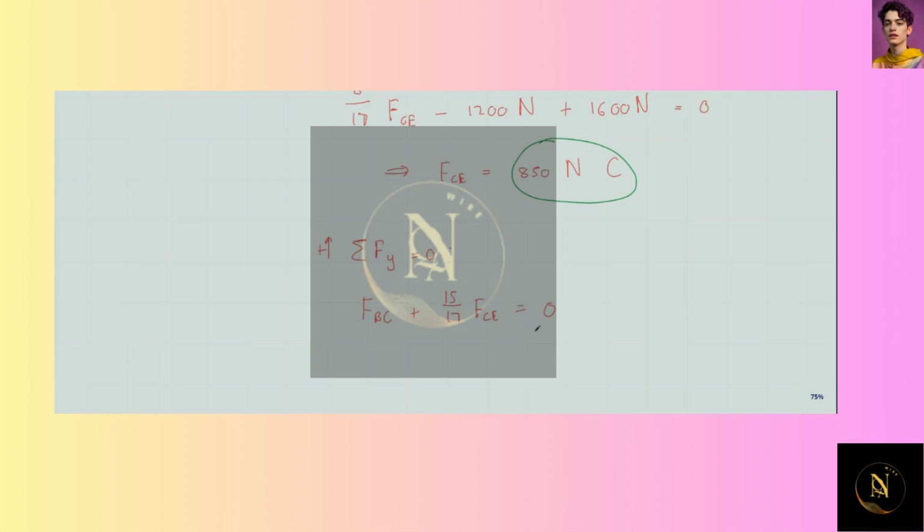We already know that F_CE is minus 850 newtons in this case. So rearranging, we find F_BC to be positive 750 newtons, or 750 newtons in tension. So now we have the member force F_BC.